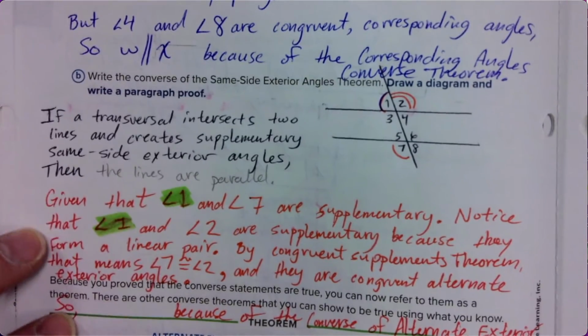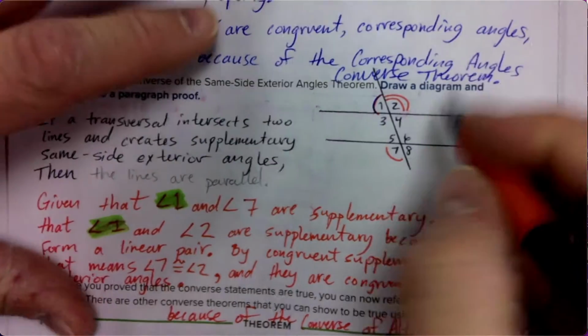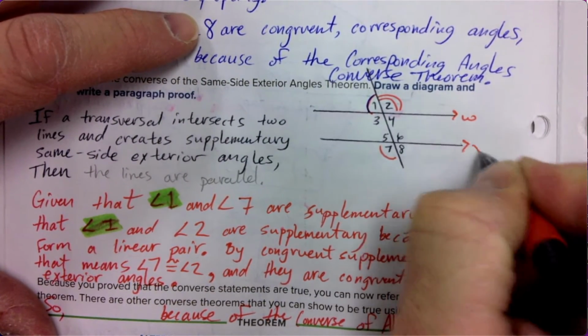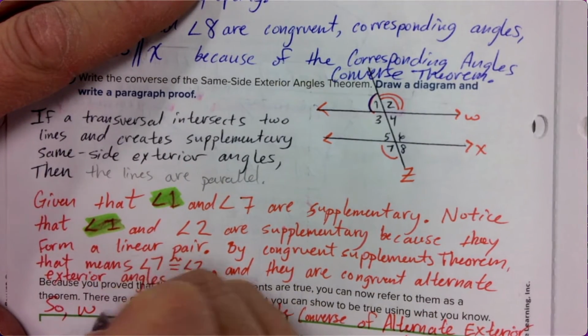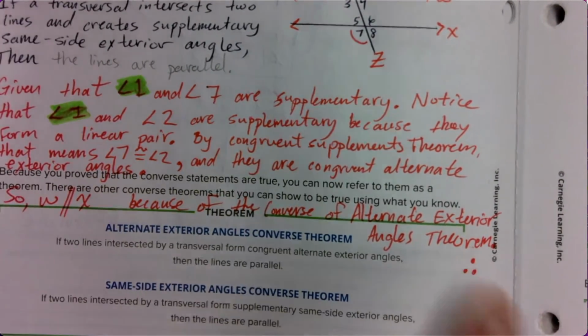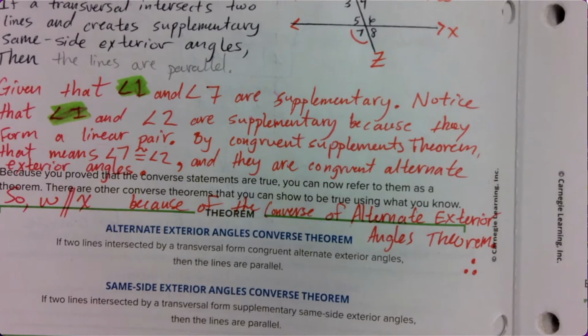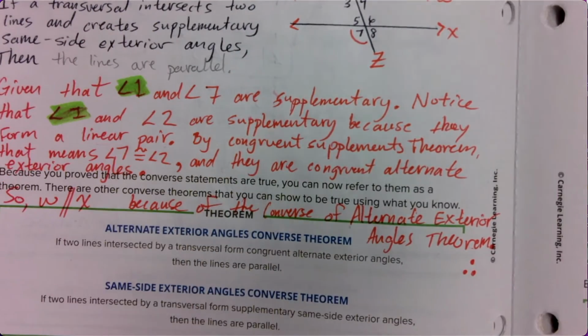Okay, so the lines are parallel. Label it. You label it W, label it X, transversal Z. W is parallel to X because of the converse of the alternate exterior angles theorem. You know what? We just had the alternate exterior angles proof right up above in this problem.